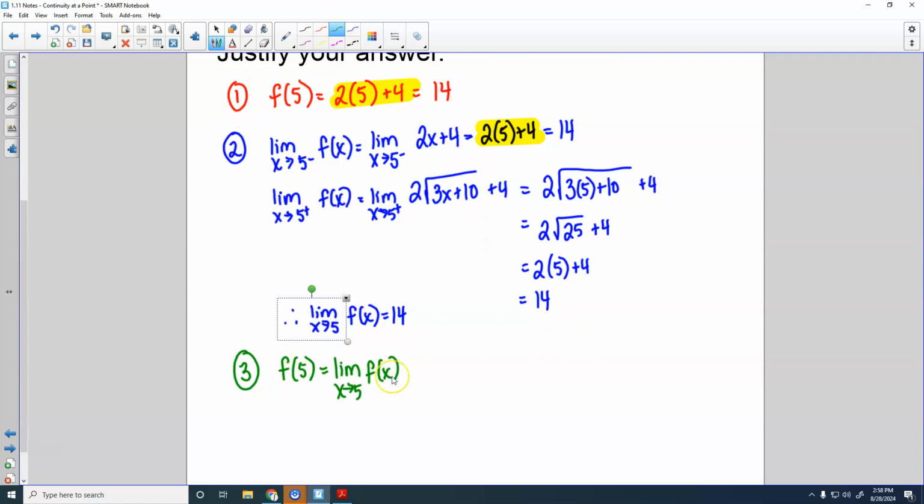You can't just write this without ever showing what those values are and have it be a proof, but as long as you've done the first two parts, you don't have to show that 14 equals 14 or anything there. And so since we've met all of our conditions, we're going to say, therefore, f of x is continuous at x equals 5.